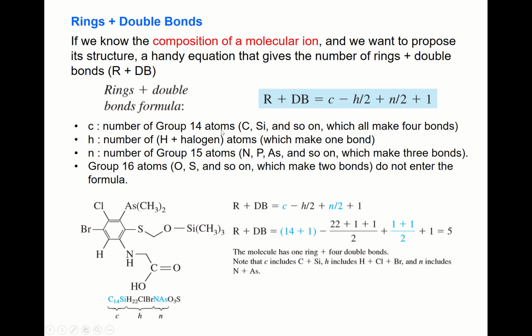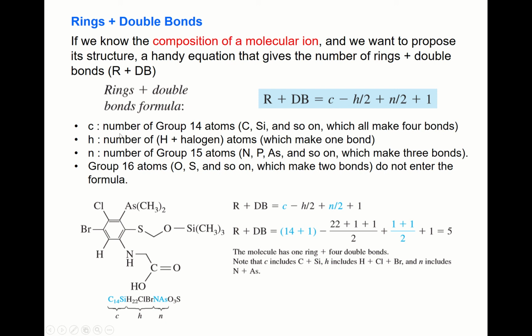Here C is the number of group 14 atoms. Group 14 is the carbon family: carbon, silicon, and what? The next one is germanium, and then tin and lead. They have something in common: they all make 4 bonds.